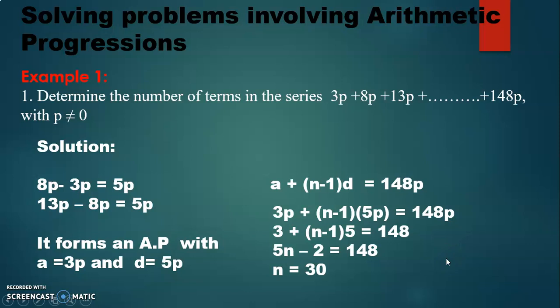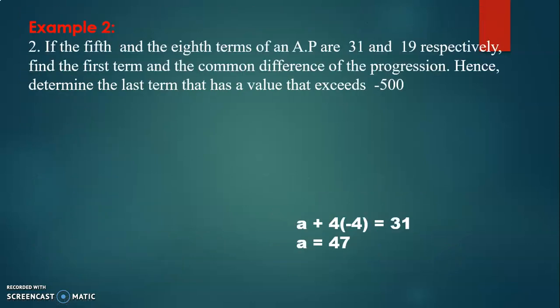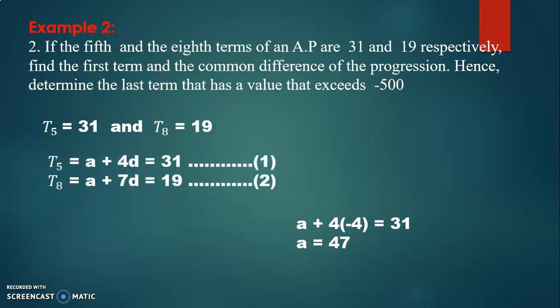Okay, this kind of question. Now number 2: if the 5th and the 8th term of an AP are 31 and 19 respectively, find the first term and the common difference of the progression. So T5 equals 31 and T8 equals 19, right? Find the first term. So what do we know? T5 是 a plus 4d 咯，等于 31.